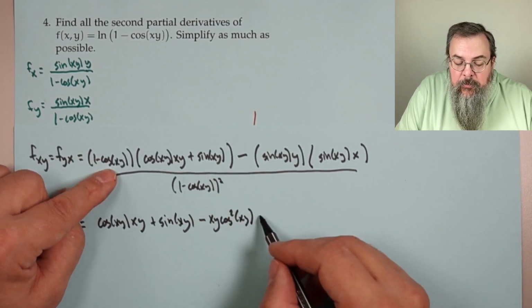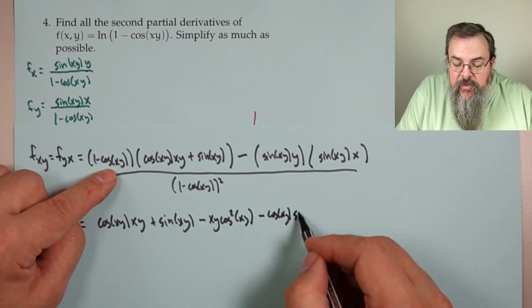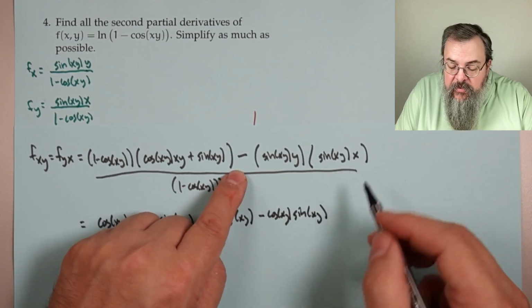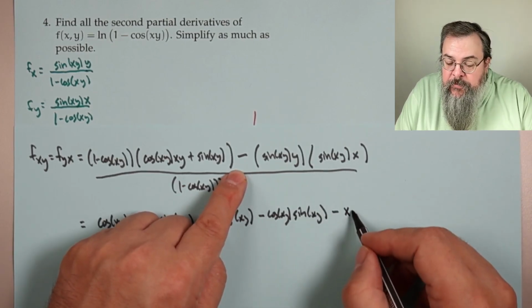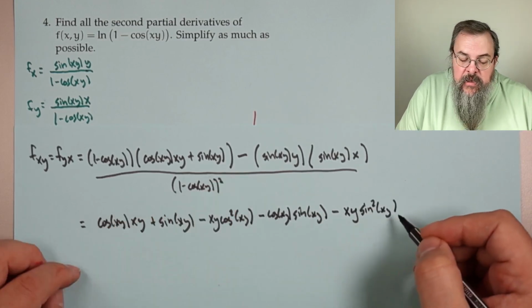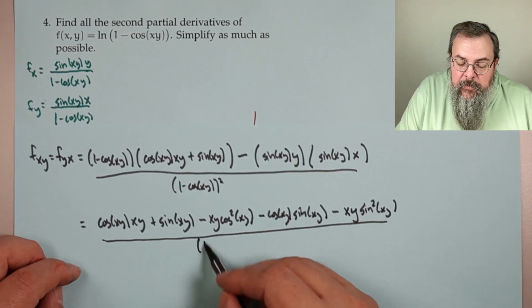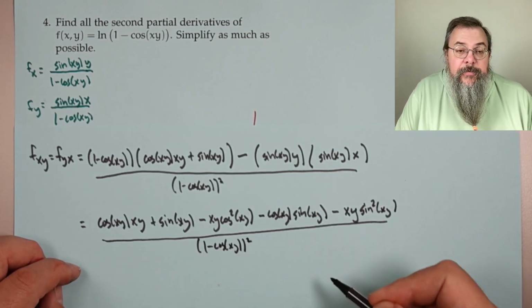Last, minus cosine xy sine xy. Minus, at least the good news is this will be just one term, xy sine squared xy. All of that divided by 1 minus cosine xy squared.